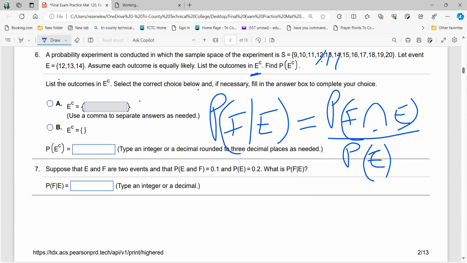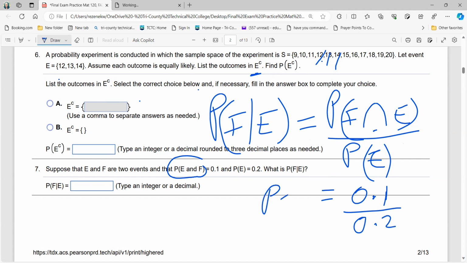Now let's find out what we are actually given. We are given the probability of E and F as 0.1, so we fit it in the formula as the numerator. And the probability of E, we're also given, is the denominator 0.2. What is the conditional probability?